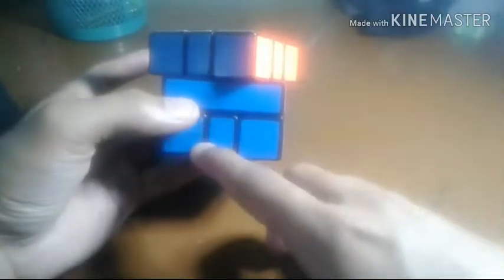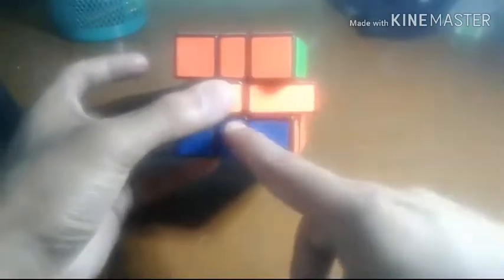Our top layer is already at 1, so here is the base side, here is 1, here is 2, and here it goes to 3. So how it works: +1, +2, and +3.